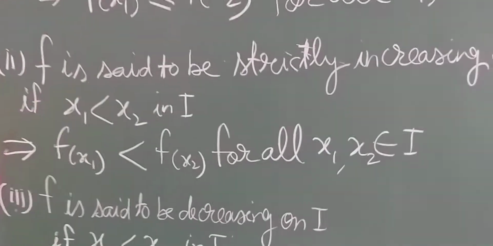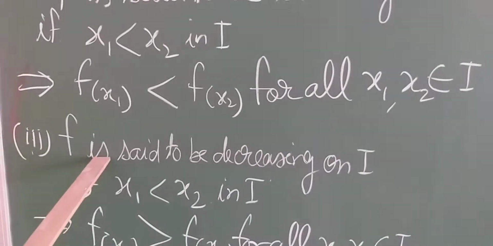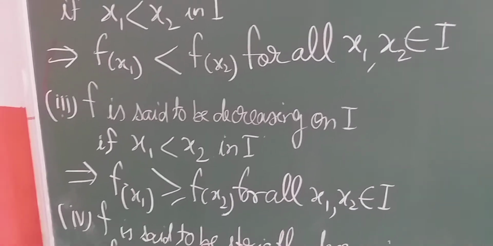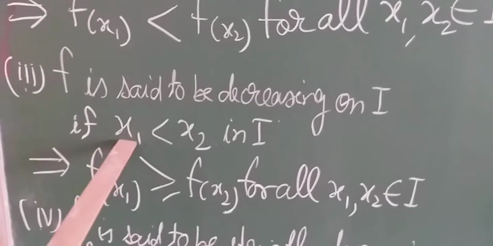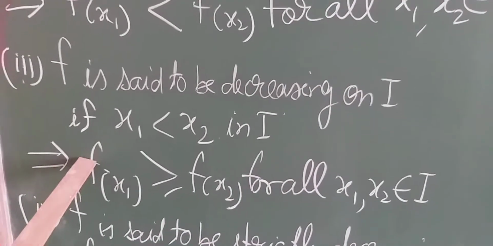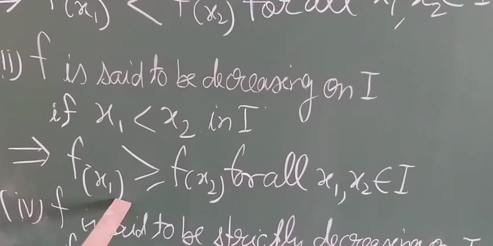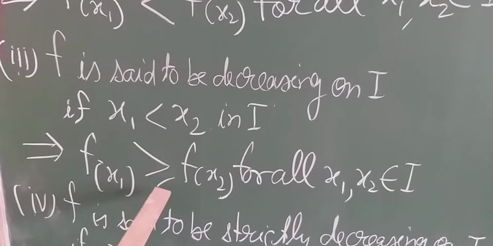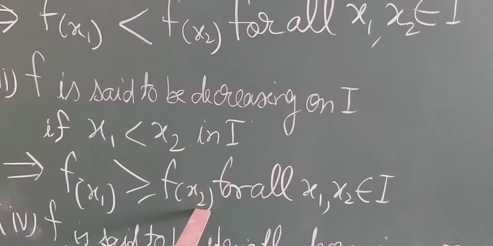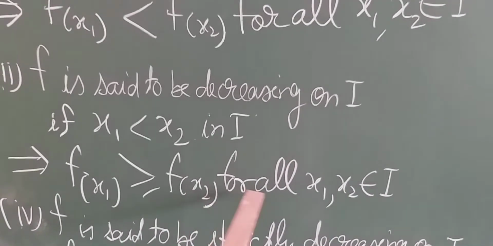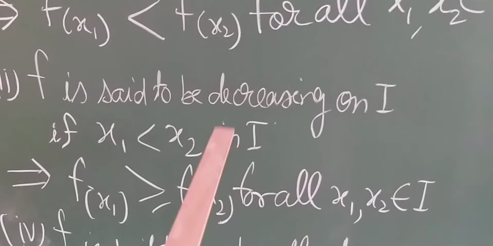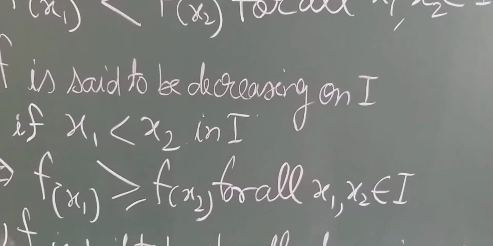Now students, f is said to be decreasing on I if x1 less than x2 in I and the value of the function at x1 is greater than or equal to the value of the function at x2 for all x1 and x2 belongs to I, then the function is called decreasing.